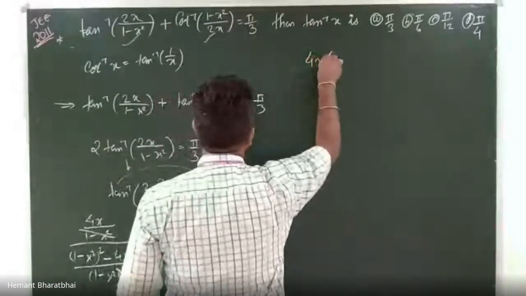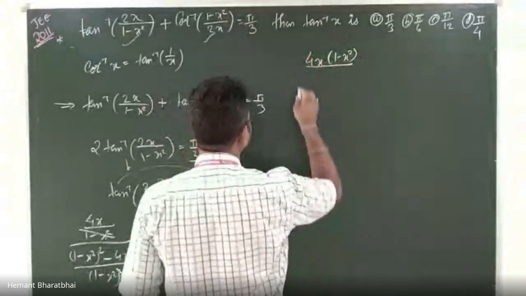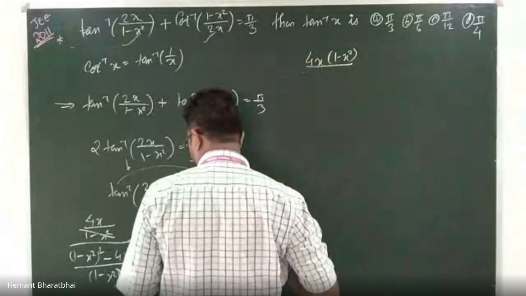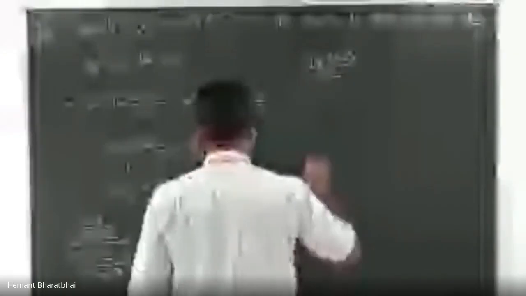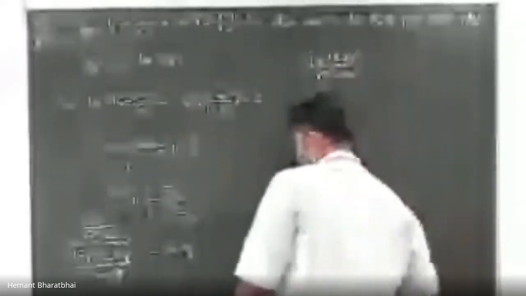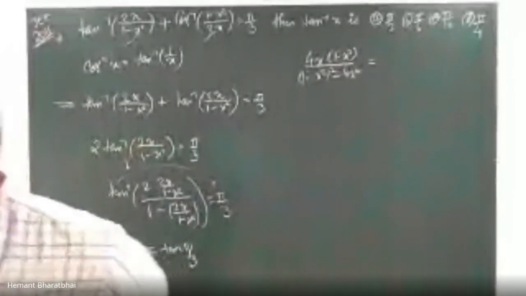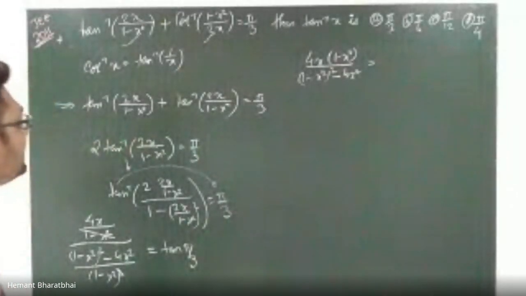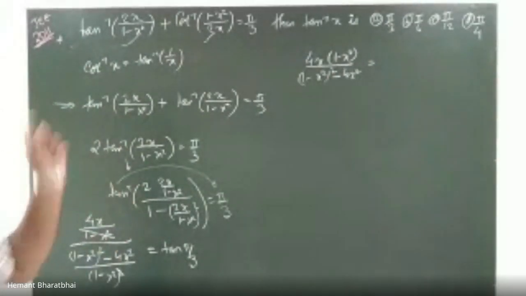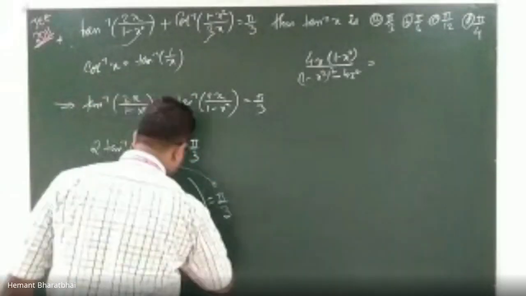So I will get 4x into 1 minus x square upon 1 minus x square, the whole square, minus 4x square is equals to, how much is tan of pi by 3? Or if you want, you can keep it like this only, because the options are in terms of pi something, and we need to find the value of tan inverse of x. So let us keep tan here only.